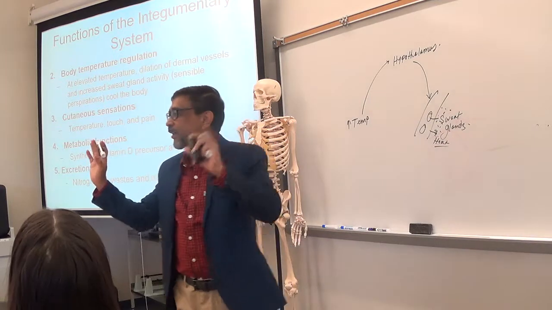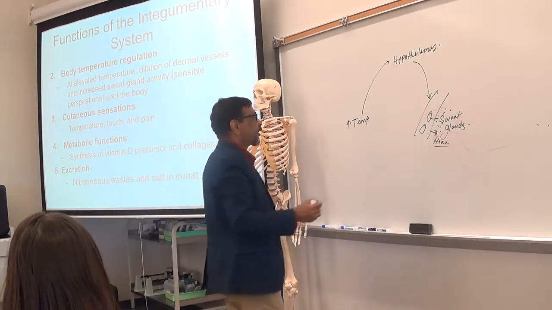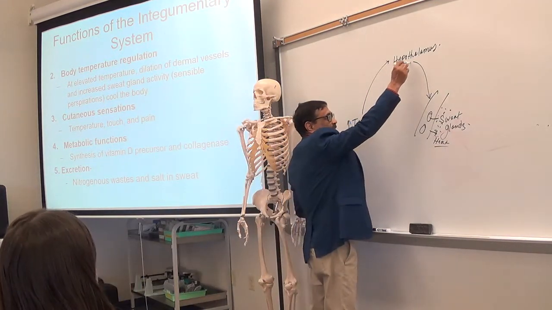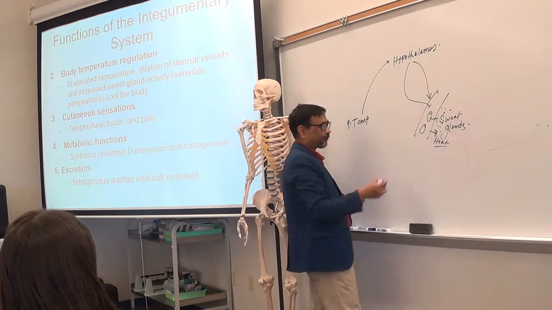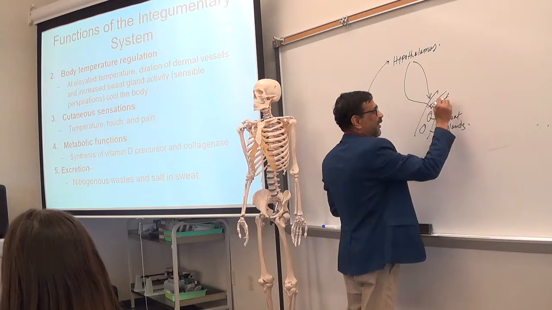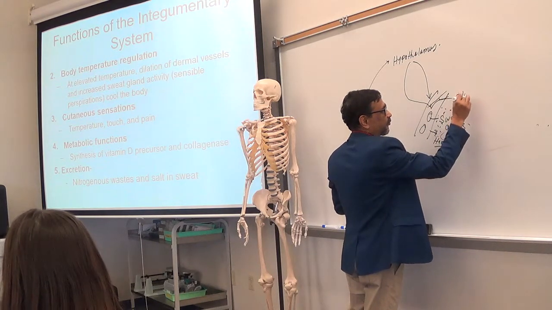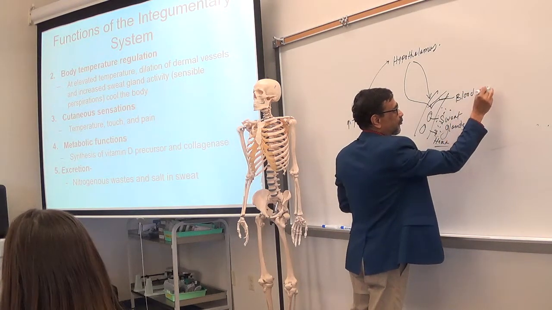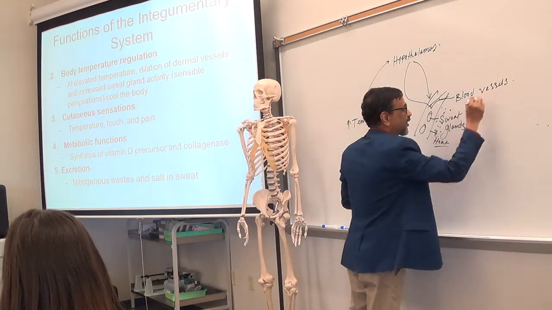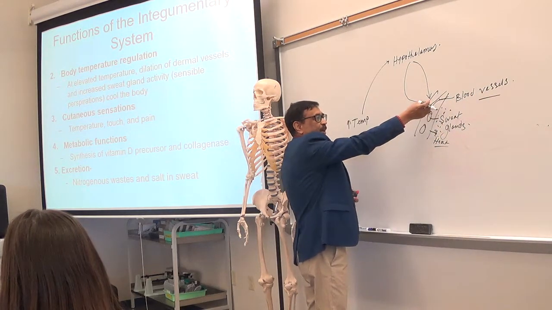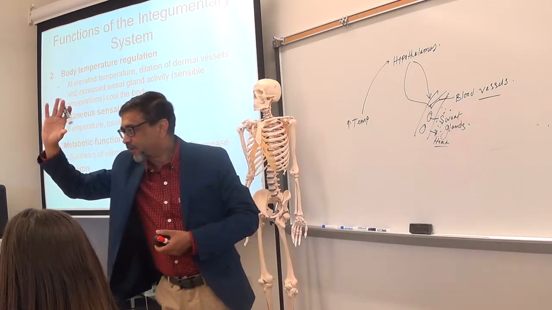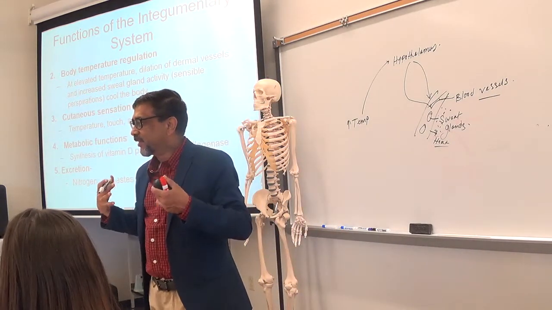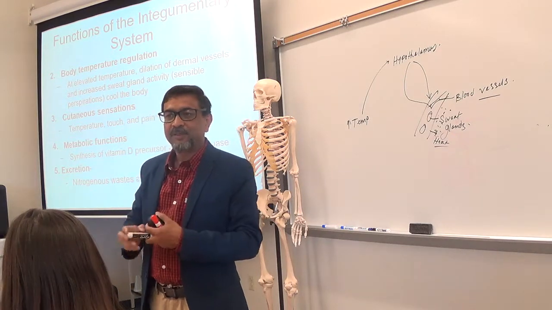Is it clear? Number two, when body temperature increases, hypothalamus also sends signal to the blood vessels of the skin, and causes vasodilation. Dilate the blood vessels of the skin. Make sense? So what will happen? You tell me.